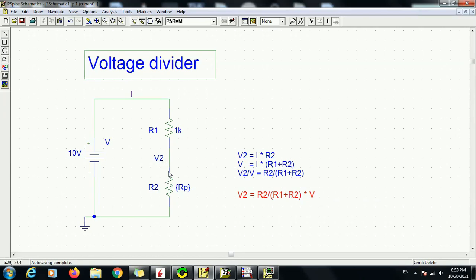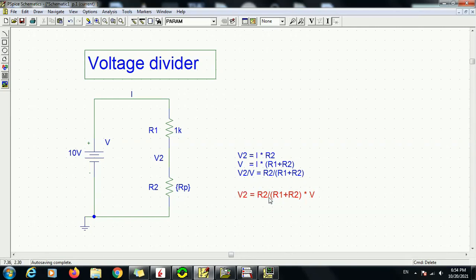So V2 is just I multiplied by R2, and the total voltage in this circuit is just this current multiplied by the sum of the two resistors, R1 plus R2. So we get these two equations, and if we divide V2 by V, the I cancels and we get R2 divided by R1 plus R2. Then we move the V to the other side, and we get the final formula for the voltage divider.